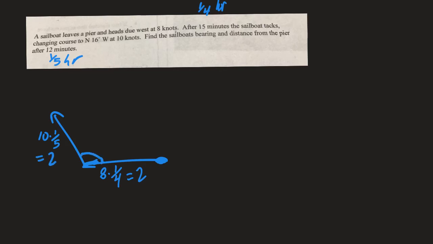And this angle right here, remember, based on the bearing they gave me, I start from north, add an extra 16 degrees on there, and you should see, hey, my angle right here is going to be 106. That is 16 plus 90 degrees.